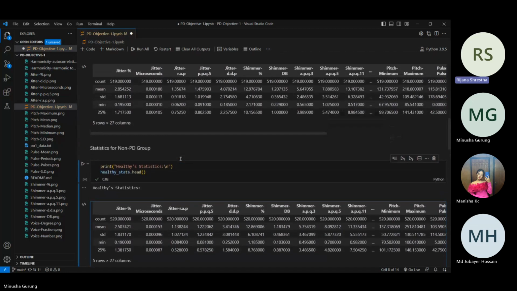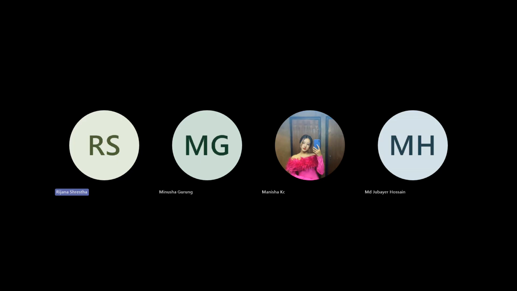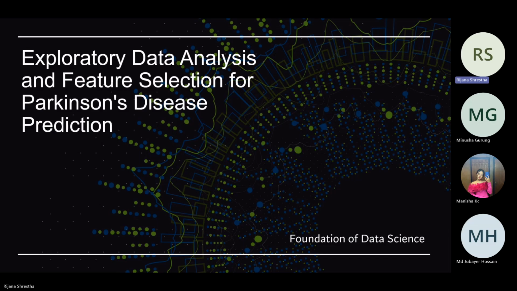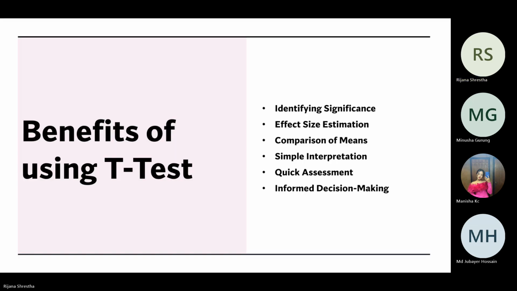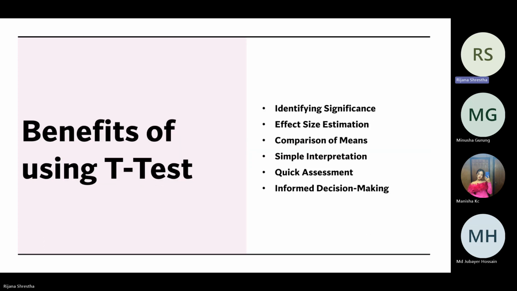So now I'm going to talk about the t-test comparison. The code performs a t-test to compare the values of each feature between individuals with Parkinson's disease and without PD. The primary aim of this t-test is to determine if there are statistically significant differences in feature values between two groups.